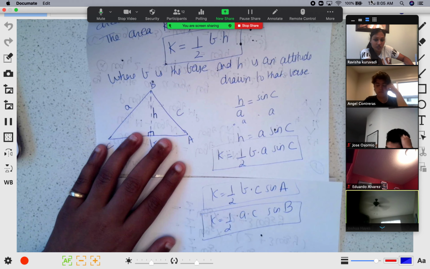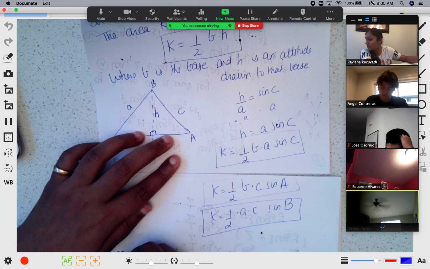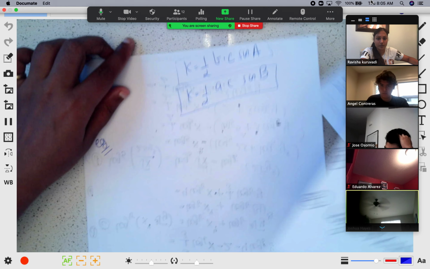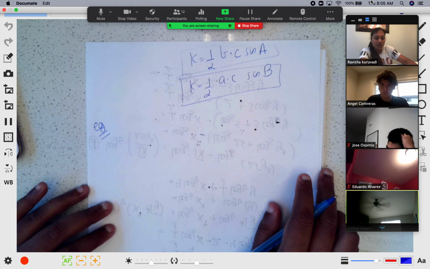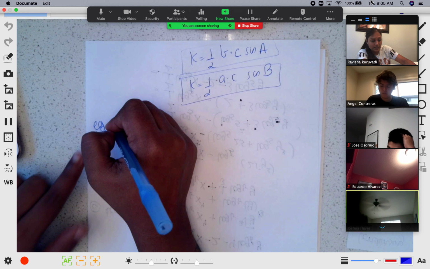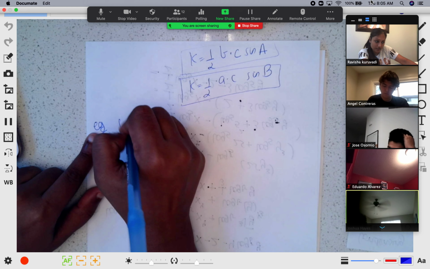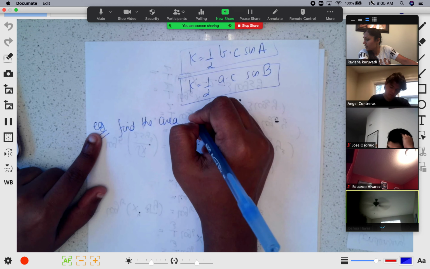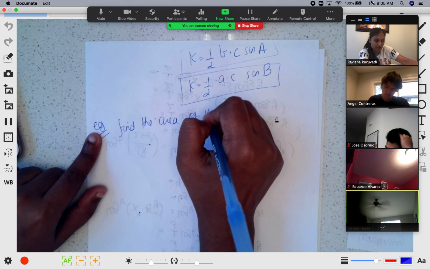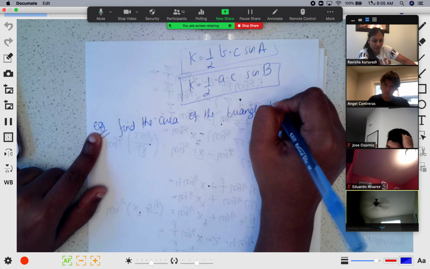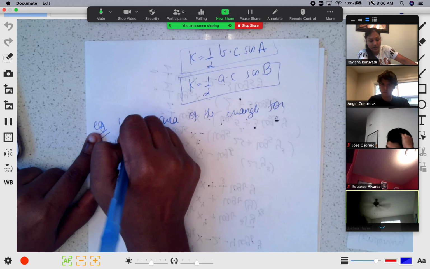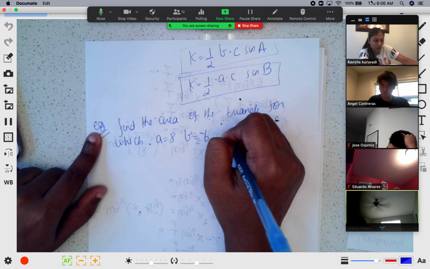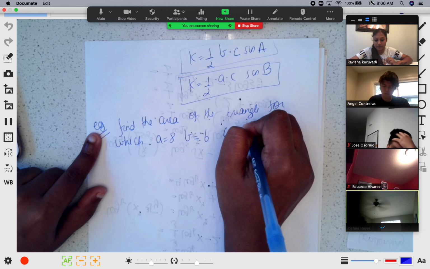Now question you will get on this is, let's do a problem here. It says find the area of the triangle for which you're given A is equal to 8, B is equal to 6, and C is equal to 30 degrees.